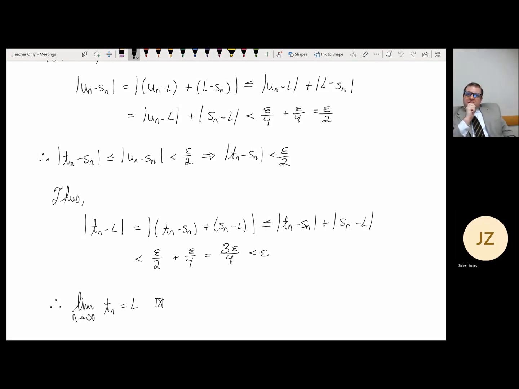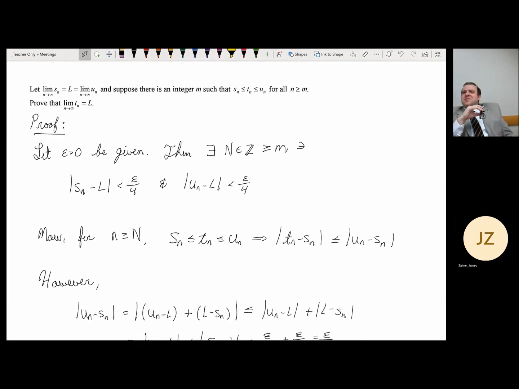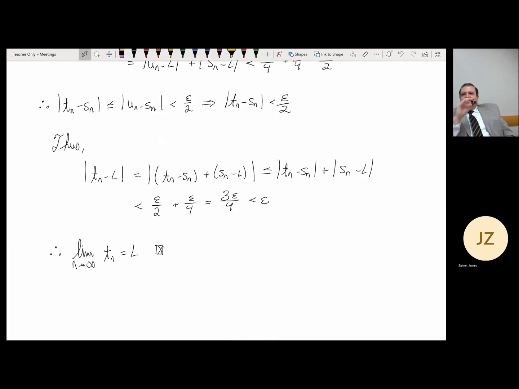Any questions? That might make a good test question. Just make the test 5 proofs. I mean, in a sense, it is going to be 5 proofs, right?